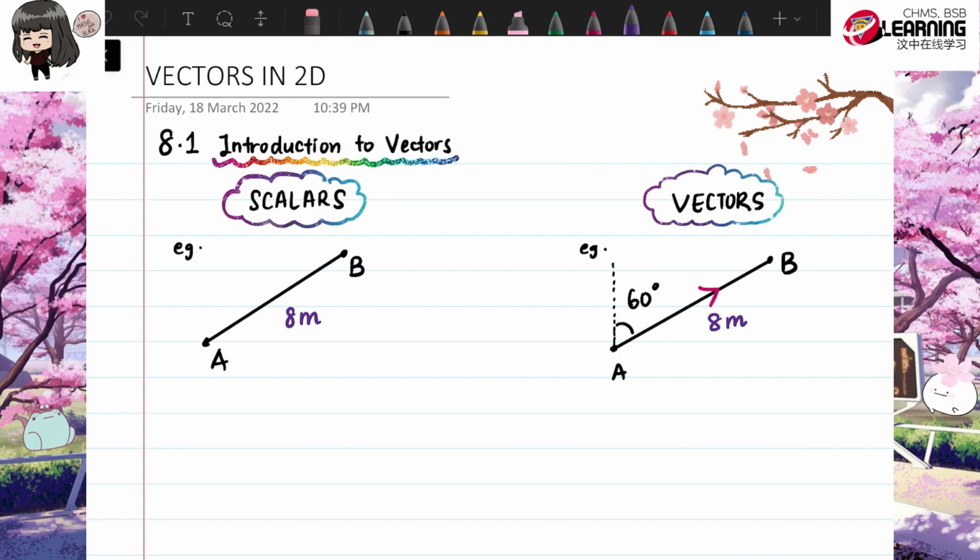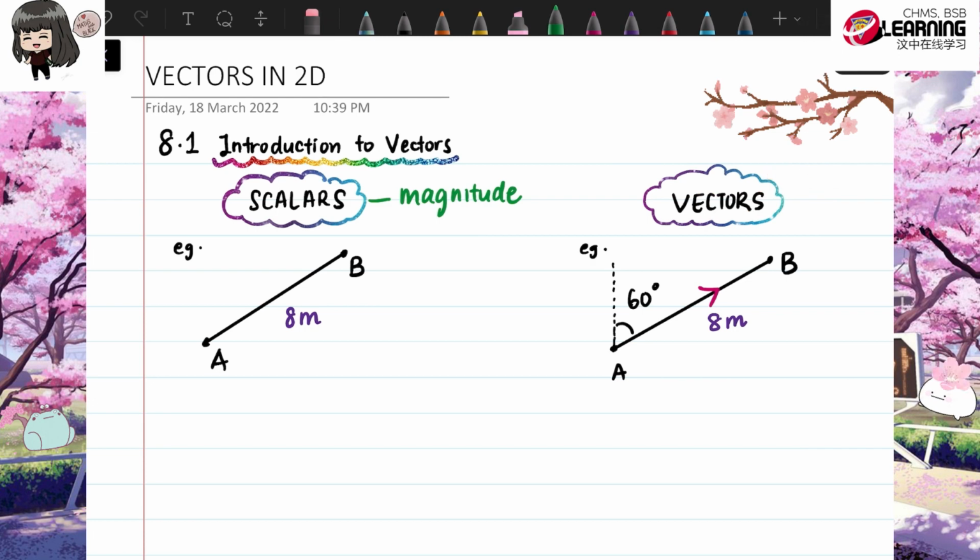Magnitude you can relate to distance. So scalar is all about magnitude, which means in this case, the distance of AB is 8 meters and it's called scalar.